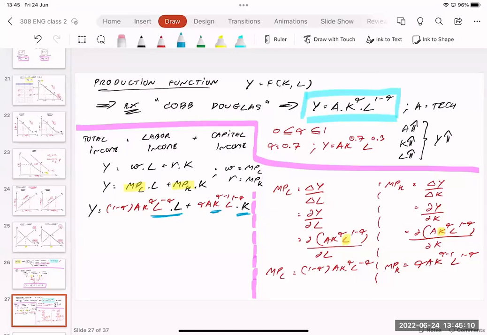When you combine the same variable, you just combine the powers.